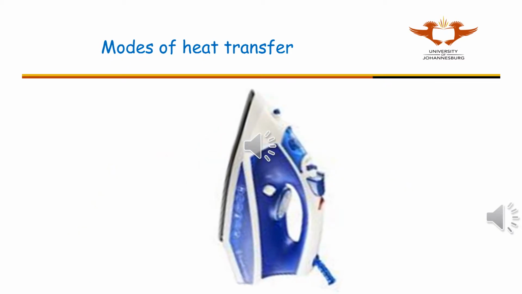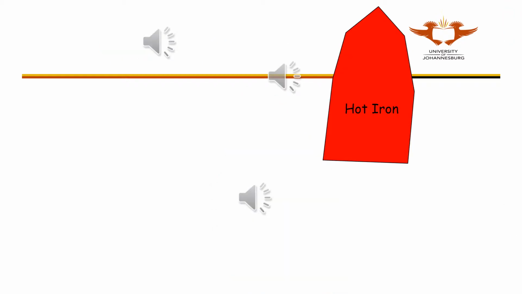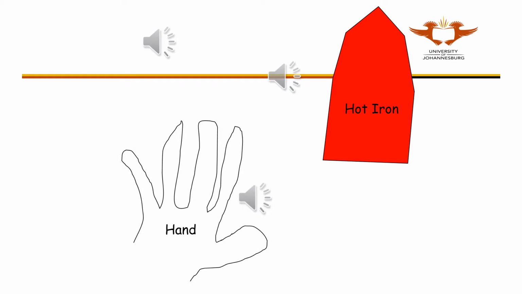Say, you are ironing a shirt, and when you are finished, you put the iron on its tail. In this slide, you are just holding up your hand in front of the iron. Even though your hand can be far from the iron, it will feel like it's getting hotter.